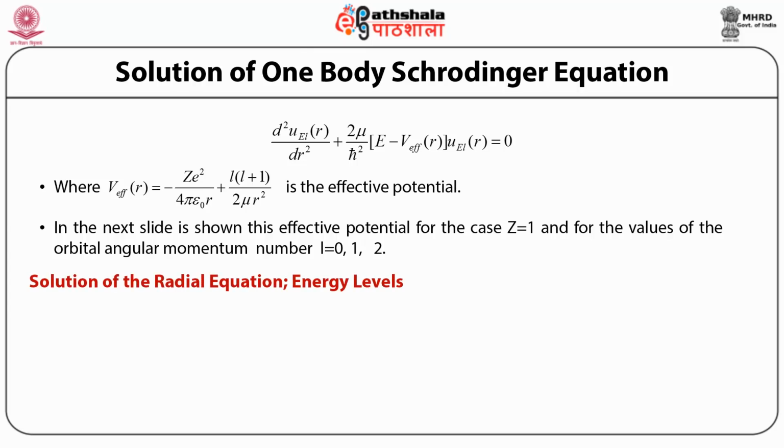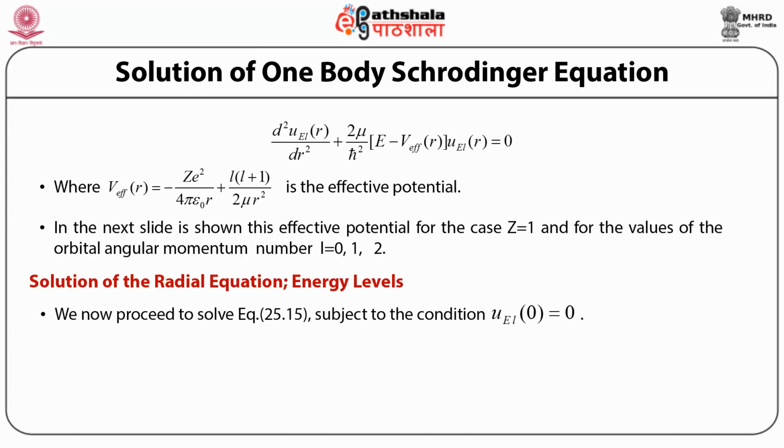So the solution of the radial equation, energy levels. We now proceed to solve equation 25.5 subject to the condition u E l of 0 equal to 0.